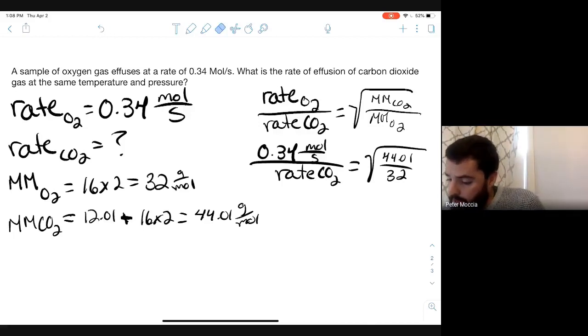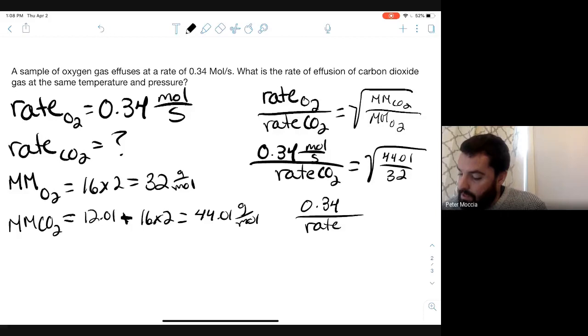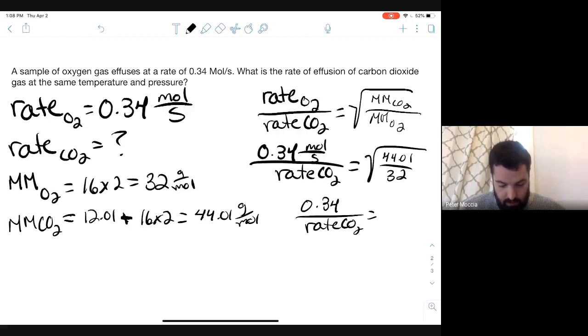Okay, so then I'm going to get 0.34 divided by rate of CO2 is equal to the square root of, hold on.